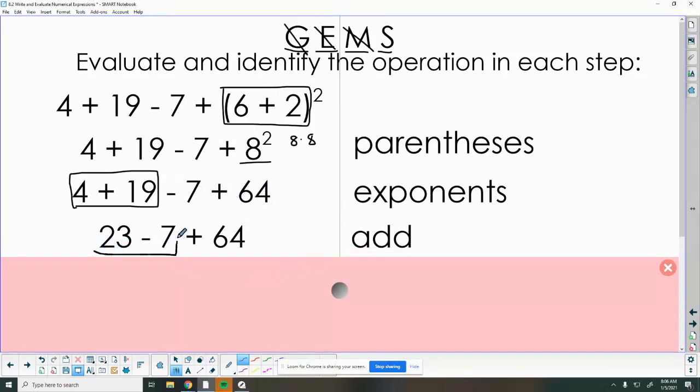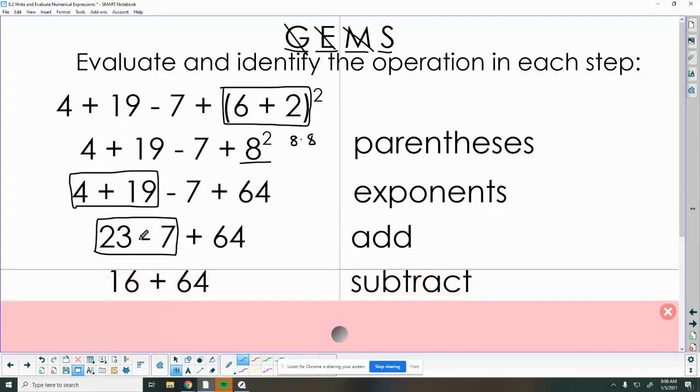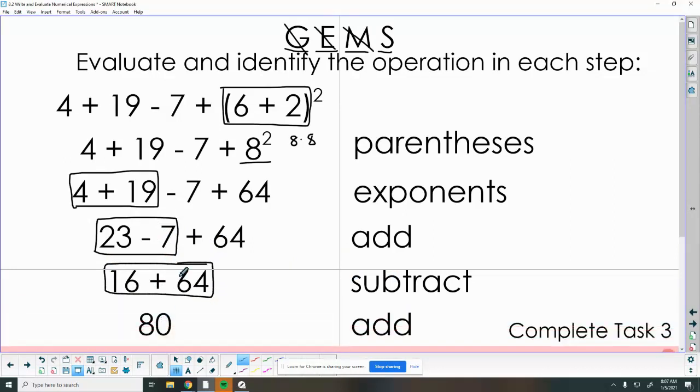So we just have all add and subtract. So we're just going left to right. So 23 minus 7 is 16 plus 64. And we subtracted those. And then finally, 16 plus 64 is 80. And we had to add those.